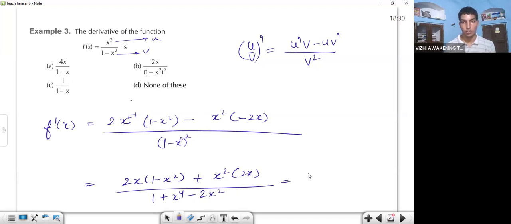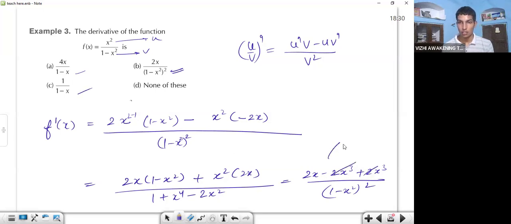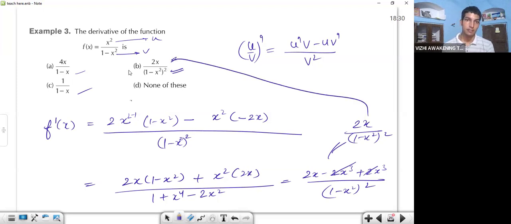Okay. So 2x minus 2x cube plus 2x cube upon 1 minus x square. Let's keep it like that because the answer is in this form. So it will cancel each other, and 2x by 1 minus x square raised to power square. This is our answer, which matches with option number B. B is the correct answer.